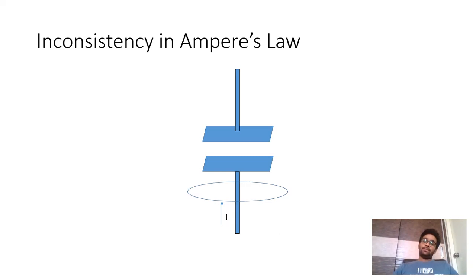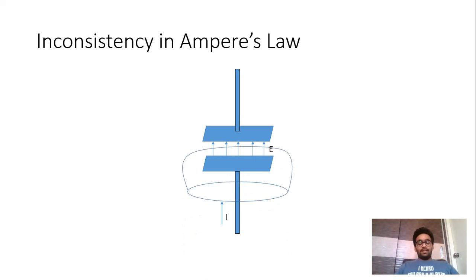Okay, if this is correct, then how do we find the change in electric field between these two plates? It's very simple. You have Gauss law. If you have a charge and you want to find the electric field emerging out of it, you can consider a surface around it.